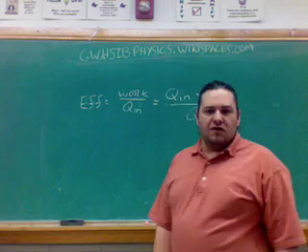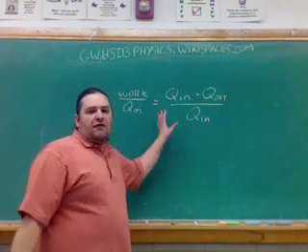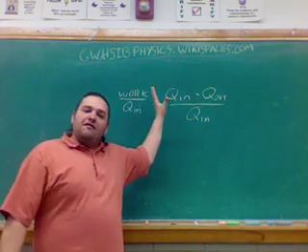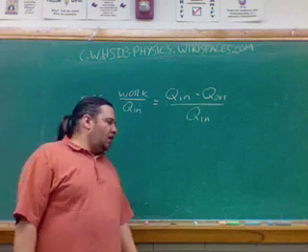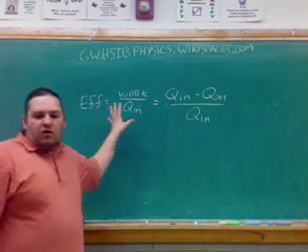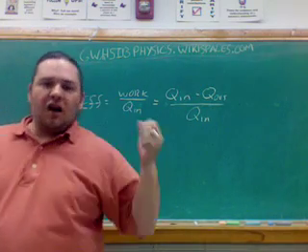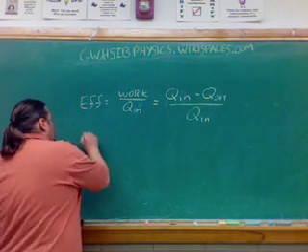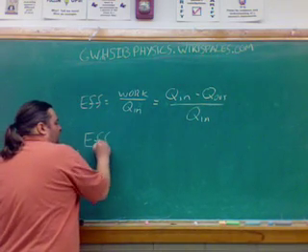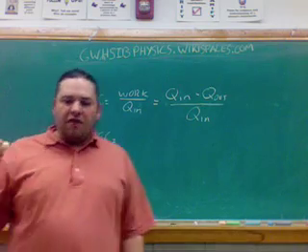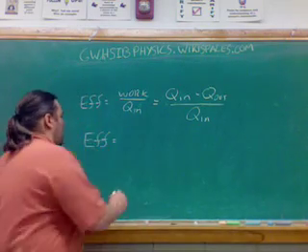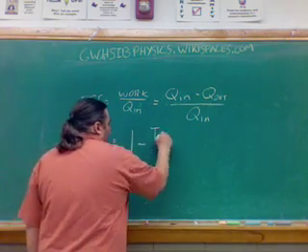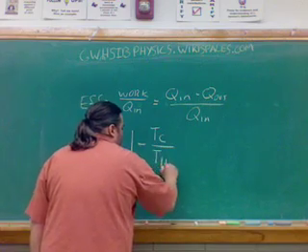So the other way in which we can talk about efficiency is talking about reservoirs of thermal energy. When we talk about efficiency and we want to talk about thermal energy, we talk about this relationship. Let me define some of this. 1 minus T cold.